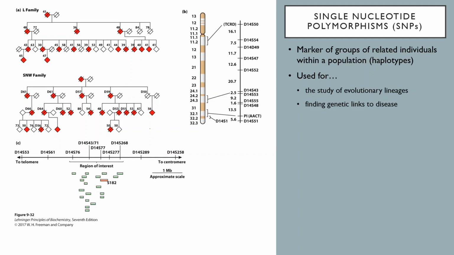So if all of the individuals, in this case that have the disease, for example, all inherit this combination of SNPs, this haplotype, then that tells you that the gene that's causing this disease may be in this part of the chromosome. So that is just a way to narrow down the possible culprits in a genetic disease like this.